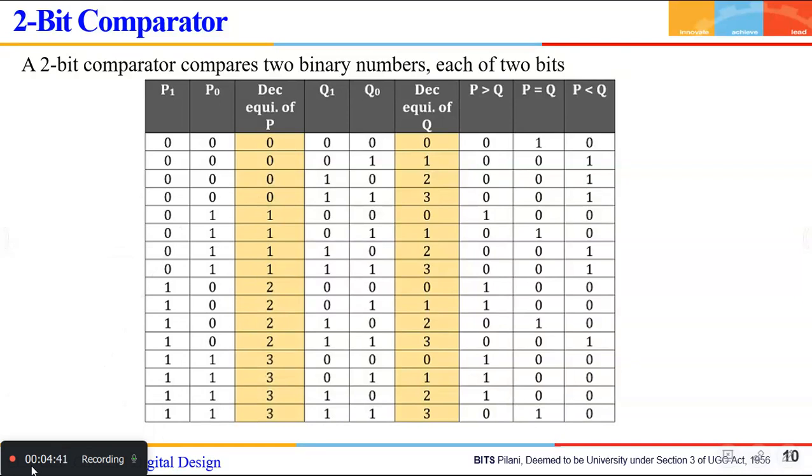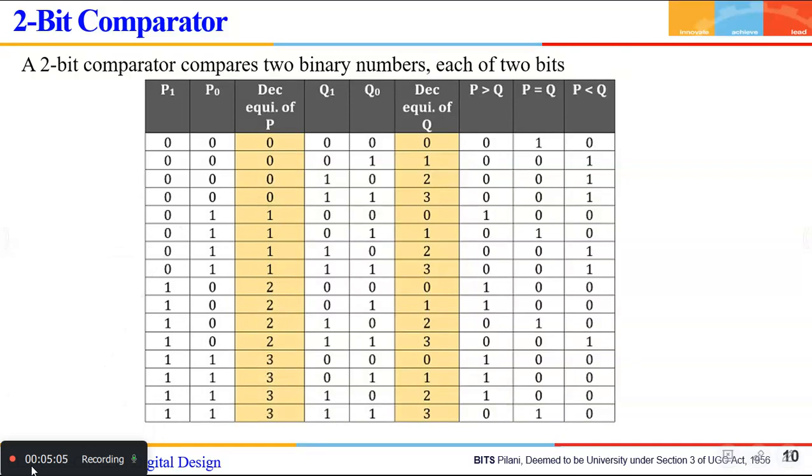Truth table came first, right? And after that, Karnaugh map, get the equation, implement it using logic gates. Have you understood? This is called a combinational circuit. So what you did is a combinational circuit.